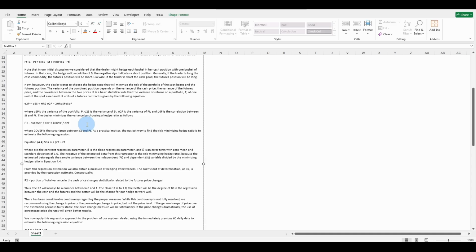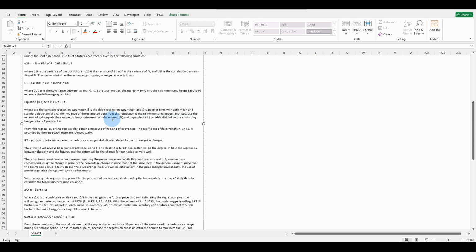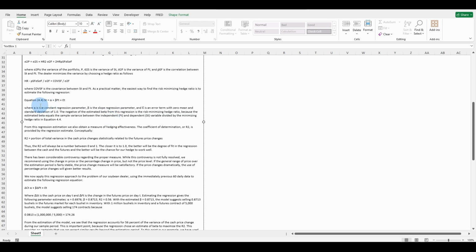The dealer minimizes the variance by choosing a hedge ratio as follows, where this right here is the covariance between S and F. As a practical matter, the easiest way to find the risk-minimizing hedge ratio is to estimate the following regression. This, where alpha is the constant regression parameter, beta is the slope regression parameter, and epsilon is an error term with zero mean and standard deviation of 1.0.